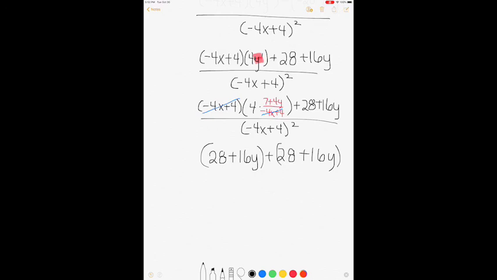So what I did was simplify this part right here. And now I can combine like terms. 28 plus 28 is going to give me 56 plus 32y.